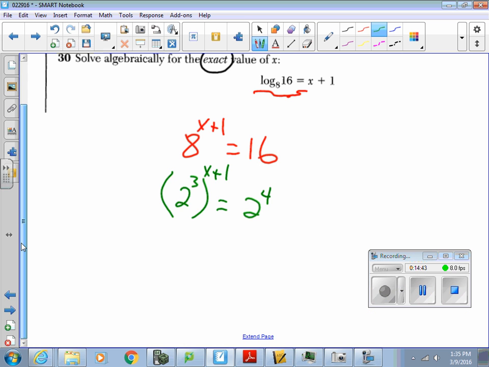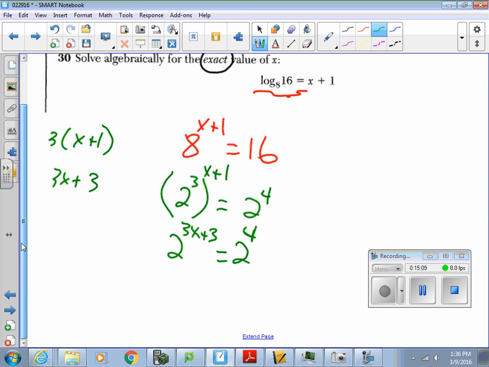So you're going to do 3 times x plus 1. Matter of fact, I'm going to do something else first. I'll do that over here. 3 times x plus 1. So that's going to be 3x plus 3. So this is going to be 2 to the 3x plus 3 is equal to 2 to the 4th.